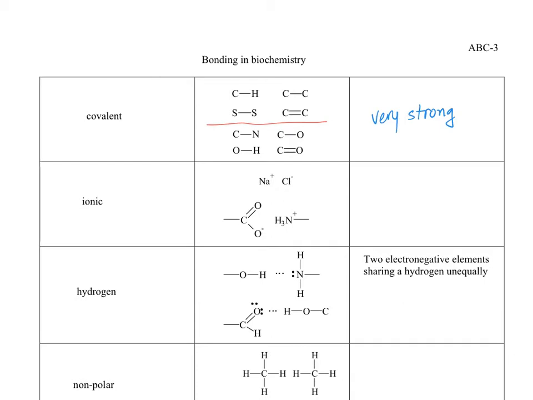I'd like you to pause the video for a moment and try to come up with what's different about those on the top compared to those on the bottom. So pause it, think that through a little bit, and then start it up again, and we'll go over that. Okay, I hope you had a chance to do that, and I hope you were also able to see that the bonds on the top are going to be sharing the electrons fairly equally between them.